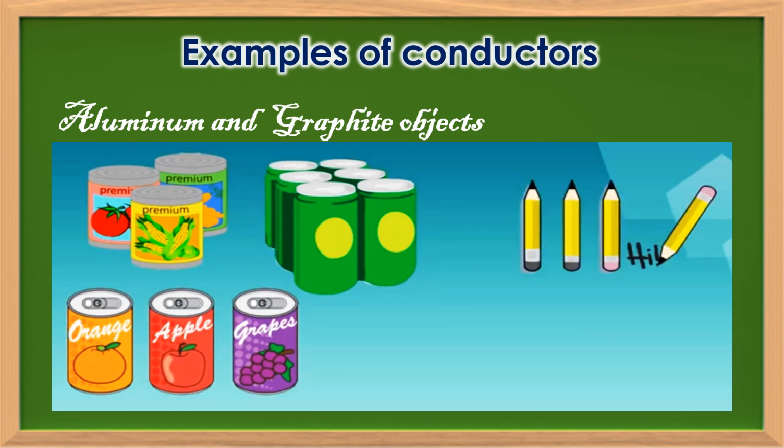Aluminum and graphite objects are also examples of conductors.